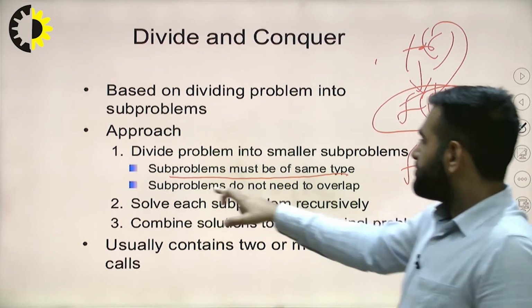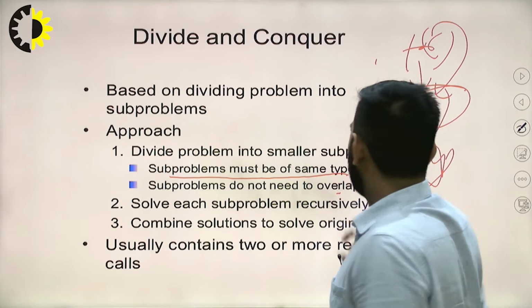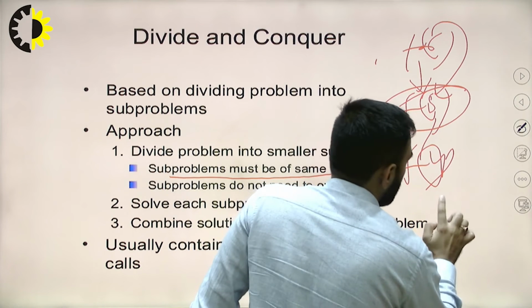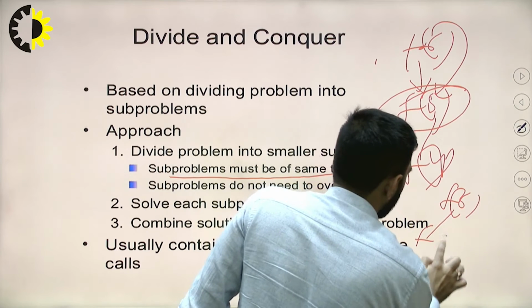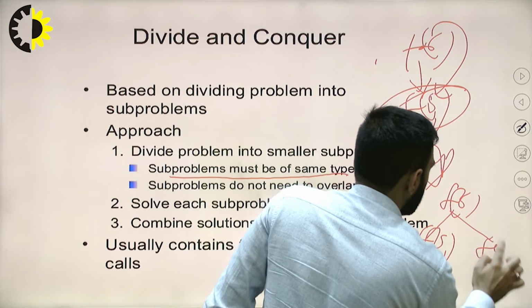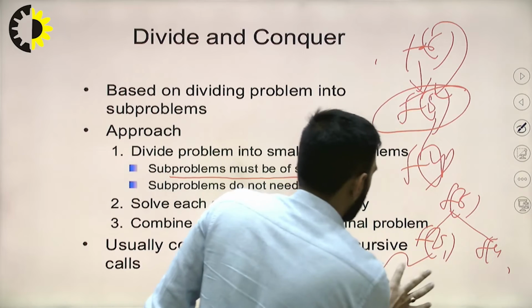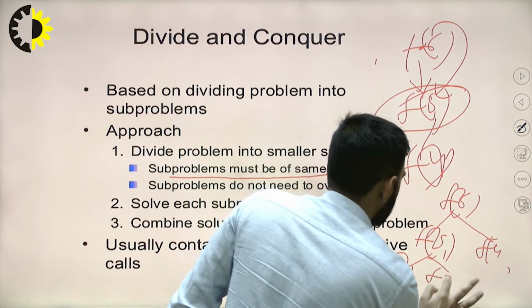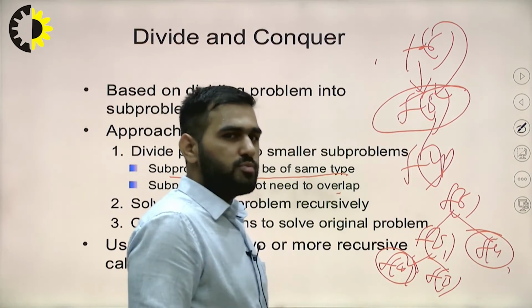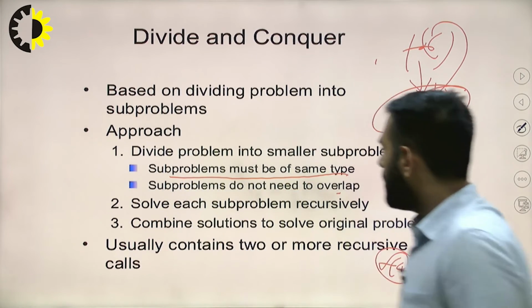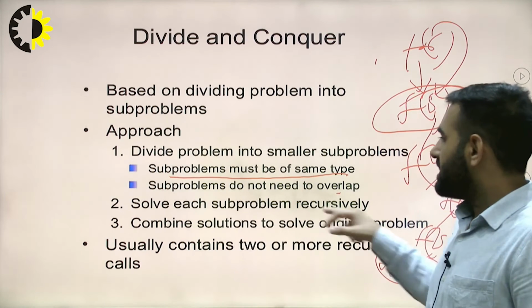Subproblems do not need to overlap. Overlapping is what I mentioned in the Fibonacci part. Fibonacci of 6 equals Fibonacci of 5 plus Fibonacci of 4. Further, Fibonacci of 4 calls Fibonacci of 3. It is overlapping, F4 being called again and again. This should not be the case. Now, solve each subproblem recursively.